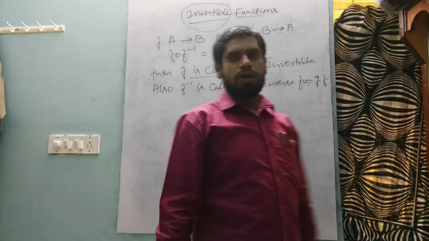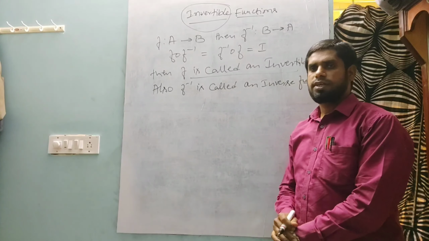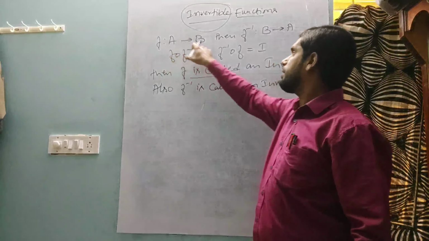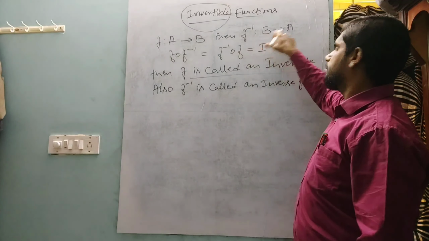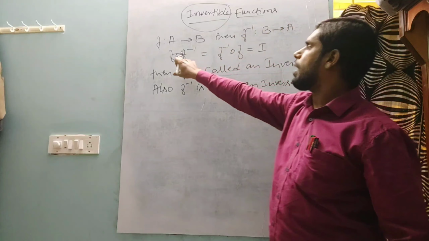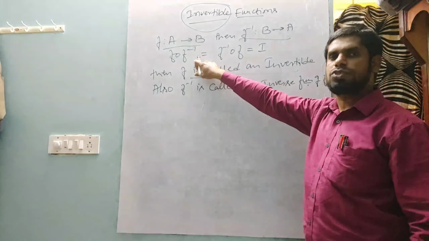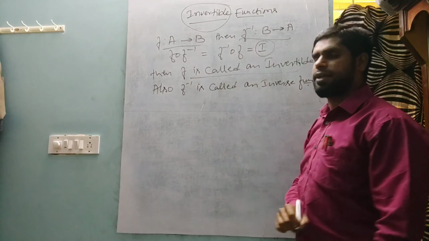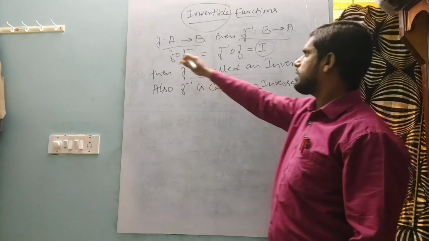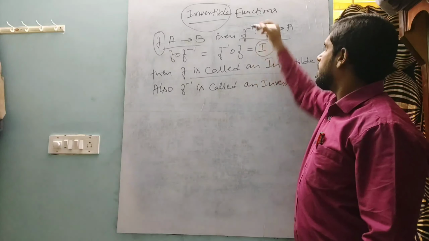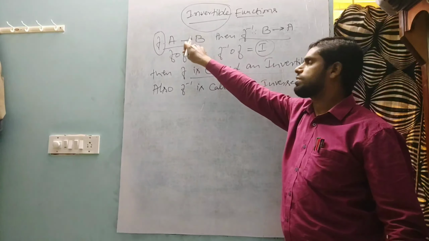So student, I think you understood the definition of an invertible function. I will repeat one more time. If a function f is from A to B and f inverse is from B to A, and if we take the composite of these two functions and the answer is an identity, then we declare that f is invertible and f inverse is the inverse of this function.